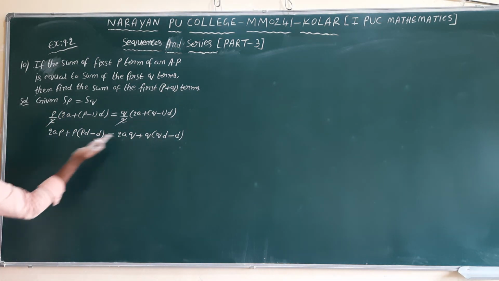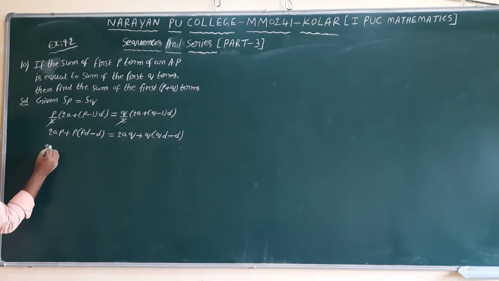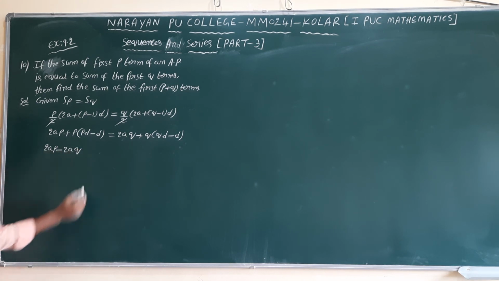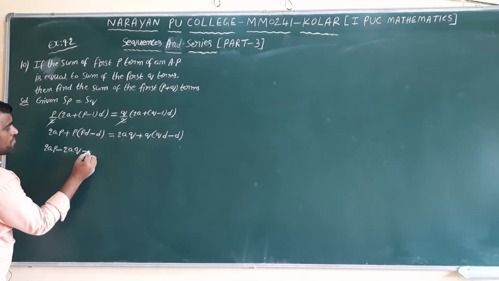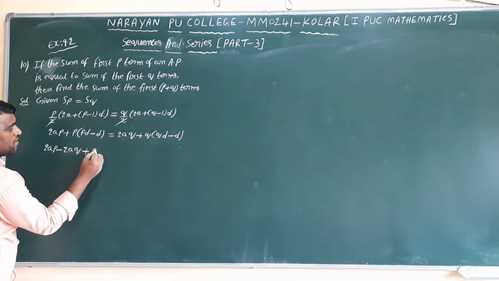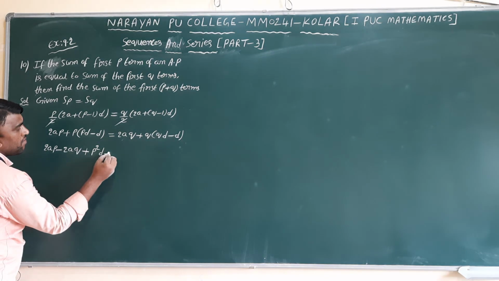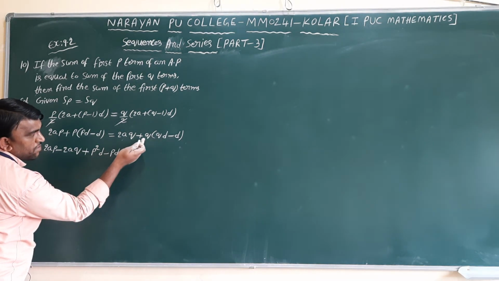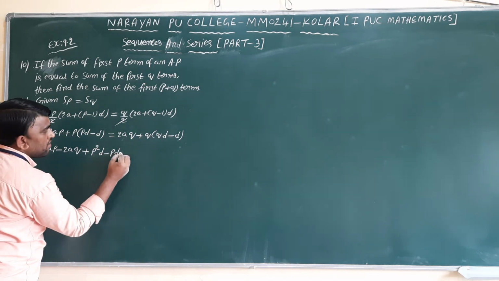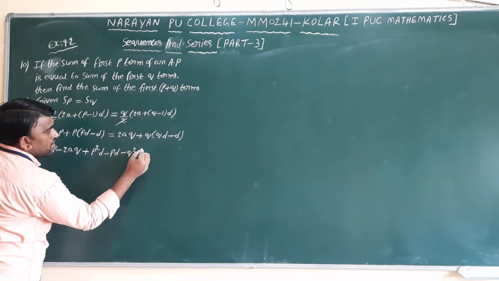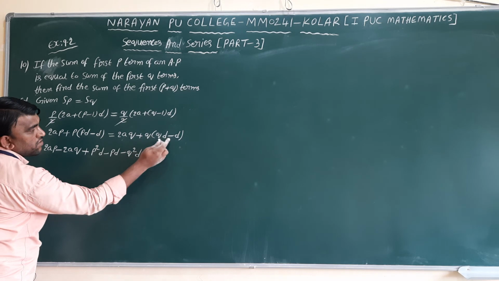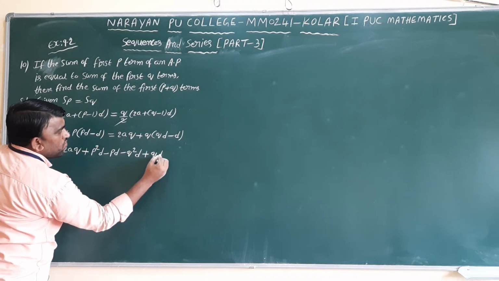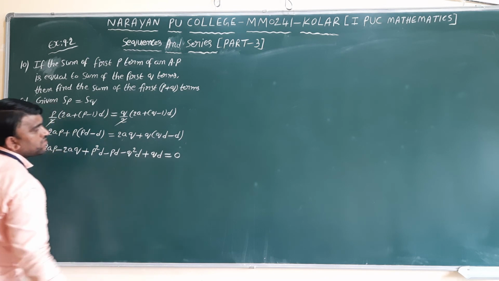So send all the terms to the left side: 2ap minus 2aq plus p square d minus p into d. Sending this side here, plus becomes minus: minus q square d, and sending minus here it is plus qd, equal to 0.